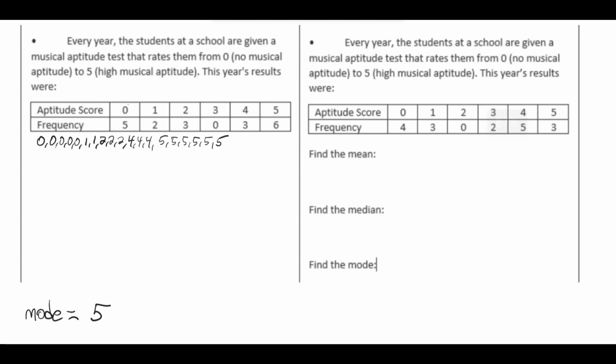We can count 1, 2, 3, 4, 5, 6, 7, 8, 9, 10, 11, 12, 13, 14, 15, 16, 17, 18, 19 students. So 19 students were given this test.